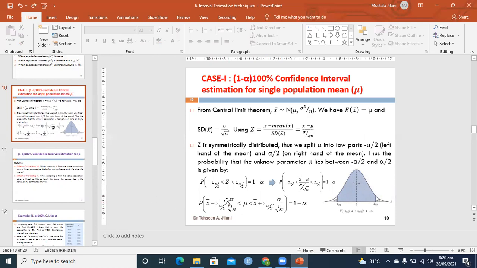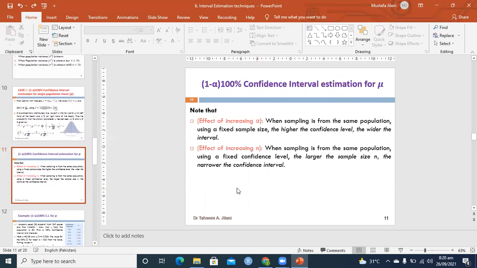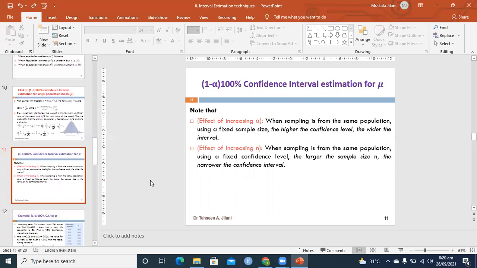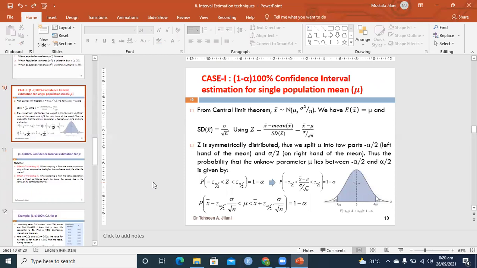So if I have a smaller second quantity, which is subtracted and added at x bar, then the confidence interval will decrease. Larger the sample size, narrower the confidence interval. So these are the effects you can verify by changing sample size in one question, changing from 10, 20, 30, 50, 100 and 500.